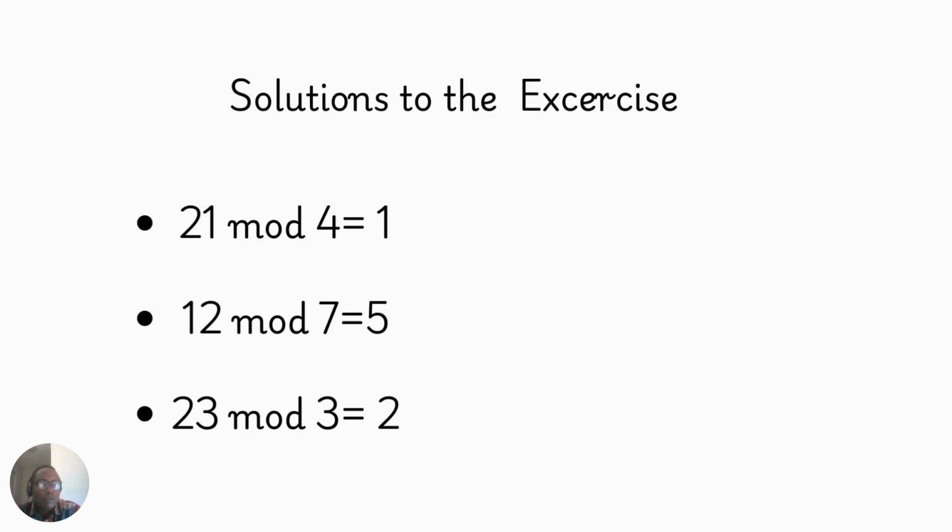So I'll just do one of them for you. 21 mod 4, essentially 21 divided by 4, will give us 5 remainder 1. And remember, in the modulo function, you want to ensure that you have only the remainder as the answer. So let us continue.